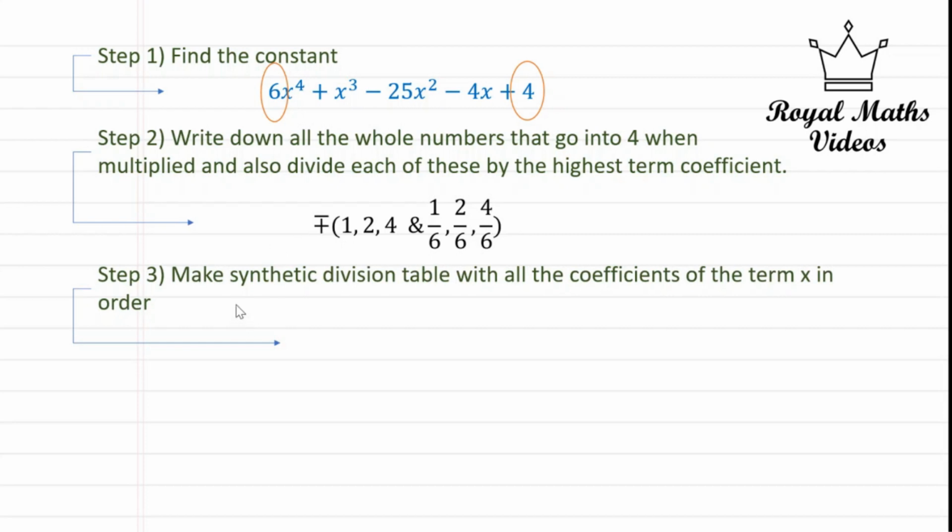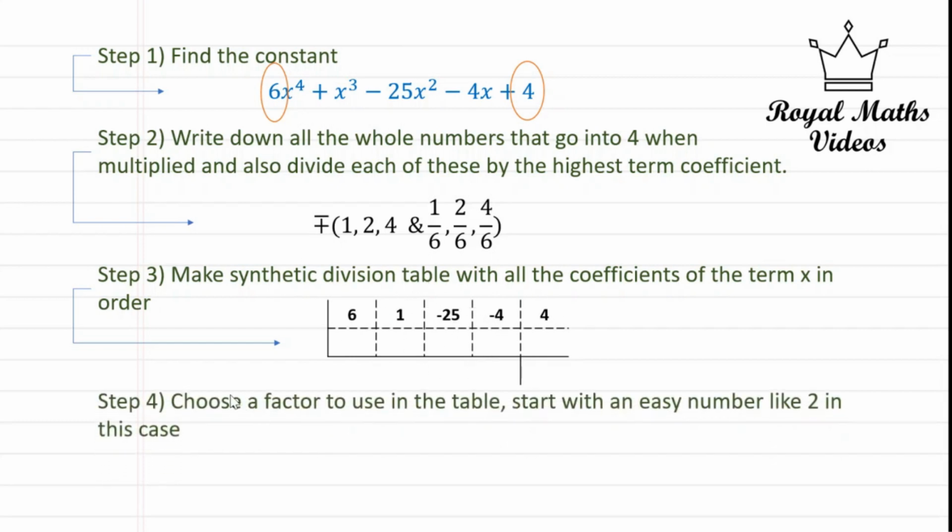Step 3 is to make a synthetic division table with all the coefficients of the term x in order. So it will be 6, 1, minus 25, minus 4 and 4. Okay, this is the synthetic division table.